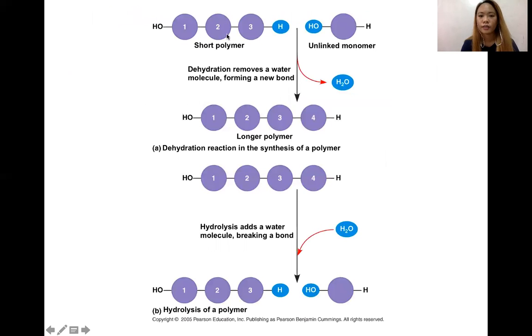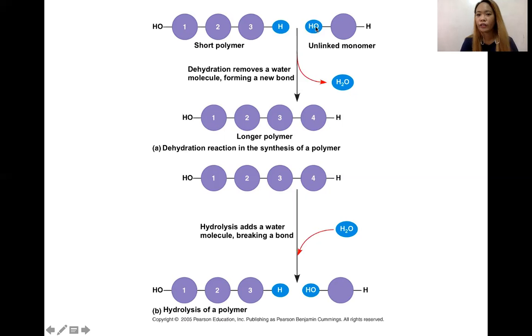So for example, this is a short polymer. I have 1, 2, 3 monomers here. And then I'm going to add another monomer here so that I can create a polymer made out of 4 monomers. So the end of this polymer ends with a hydrogen atom here, and then this monomer has an OH here.